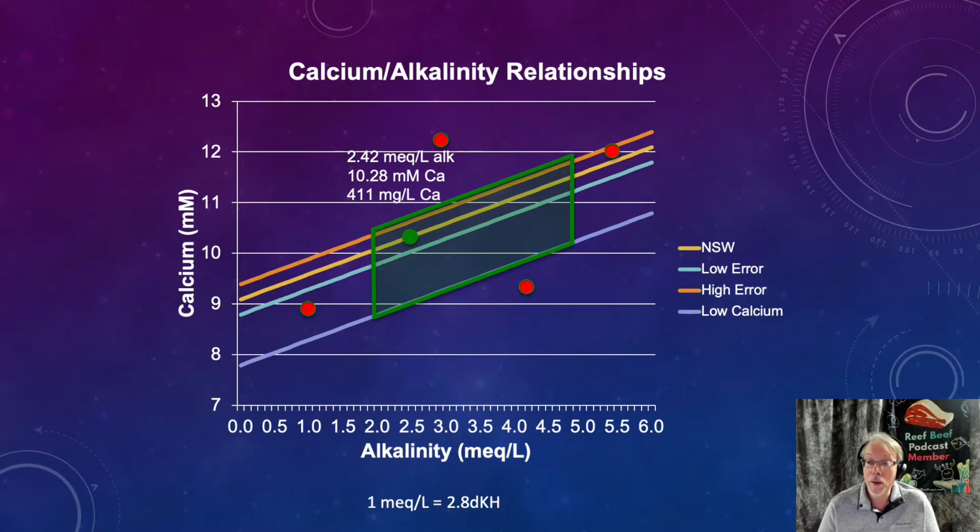You can maneuver yourself into the box by adding one or the other, and then allowing calcification to occur and sliding you back into the green zone. So this is a useful graph to look at if you're trying to understand what happens with your system and what to do if the numbers are out of whack and you have a different target.